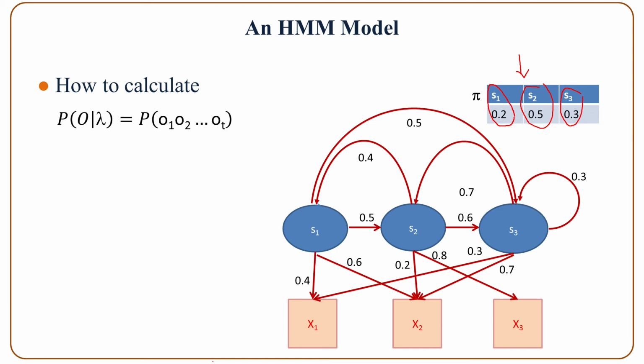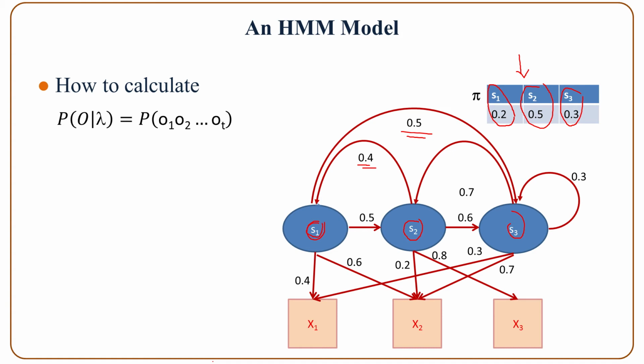And also, we can see the transition probabilities between states. For example, from state 1 to state 3, it is 0.5. From state S2 to S1, it is 0.4.